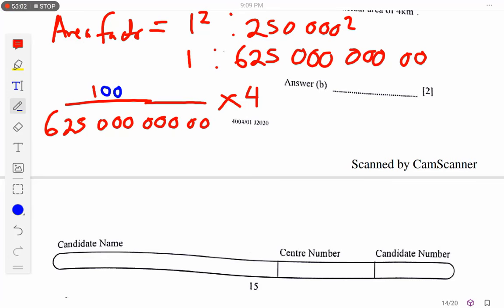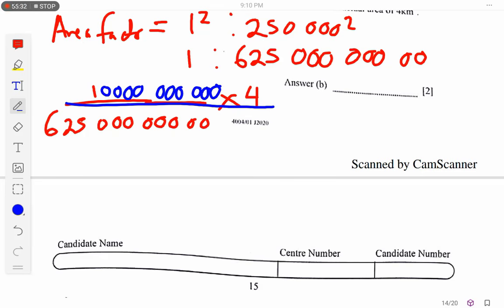I'm just squaring because we know that 1 kilometer is 100,000. Let me just write the numbers, they are too much for me. 1 2 there, and another 6 values here, 1 2 3 4 5 6. So I've converted the kilometer to centimeter squared there.